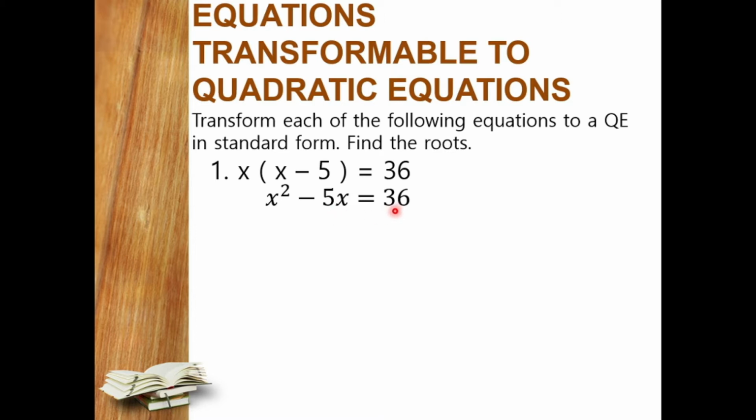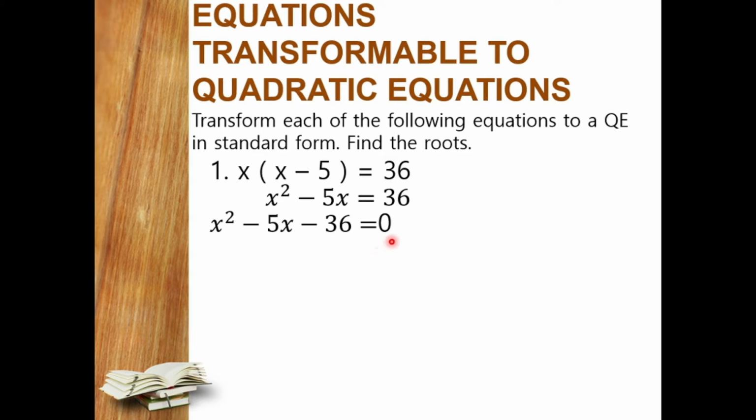So tandaan ninyo, pag magtra-transpose kayo, kung yung term na ililipat ninyo ay dadaan sa equal sign, you change the sign. So positive 36 will now become negative 36. Therefore, we have x squared minus 5x minus 36 is equal to 0.